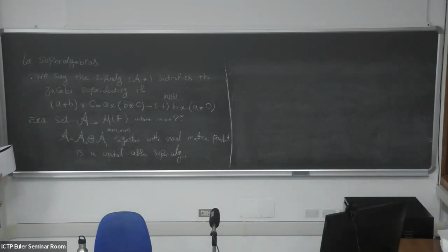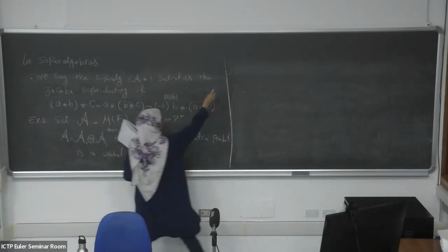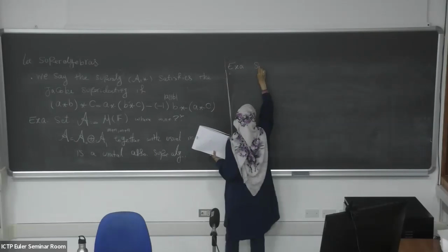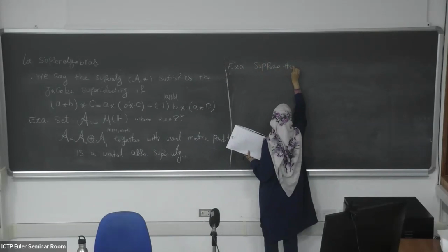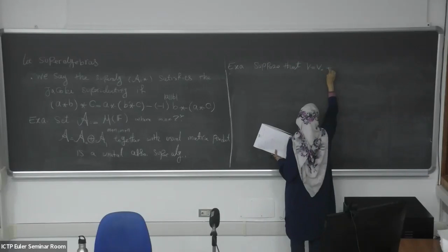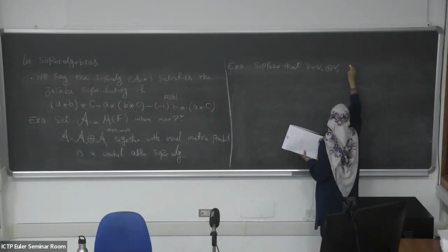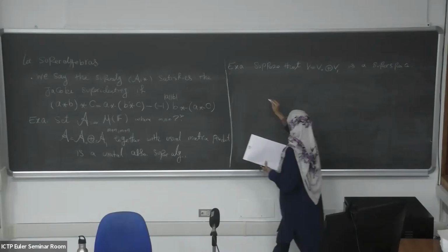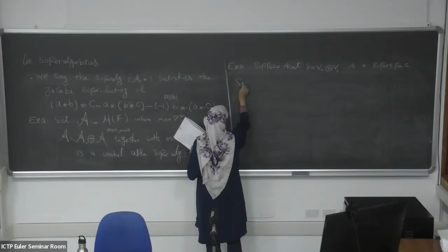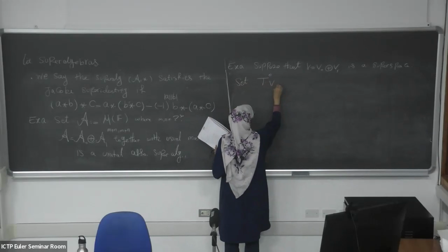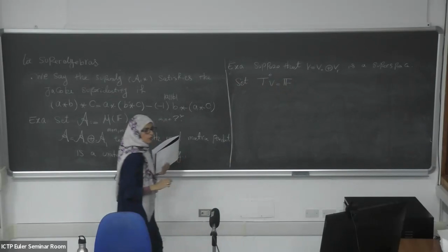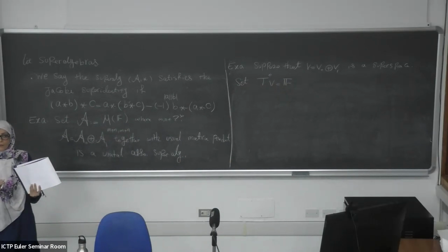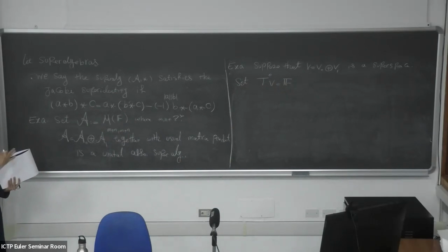Okay, let's look at another example. Suppose that V is a vector space, which is a superspace, and set T0V to be F. You remember I told you whenever I'm talking about a vector space without mentioning the field, I assume that V is a vector space over F, and F is algebraically closed and of characteristic 0.